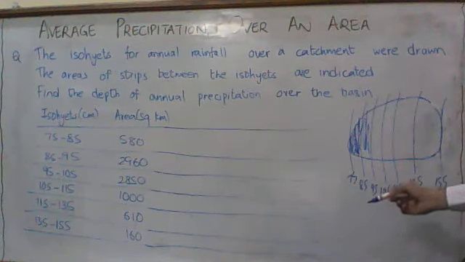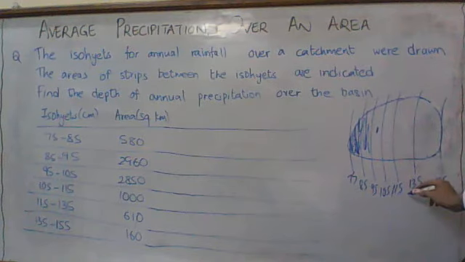Similarly, area between 95 to 105 isoheight is 2850. And area between 105 to 115 it is 1000. Area between 115 to 135 is 610. And area between 135 to 155 is 160.